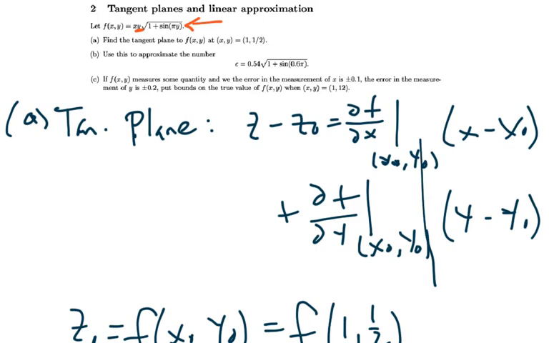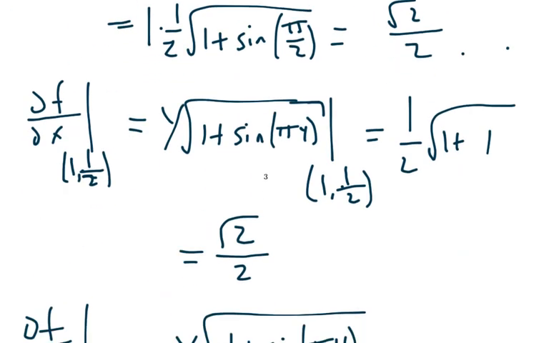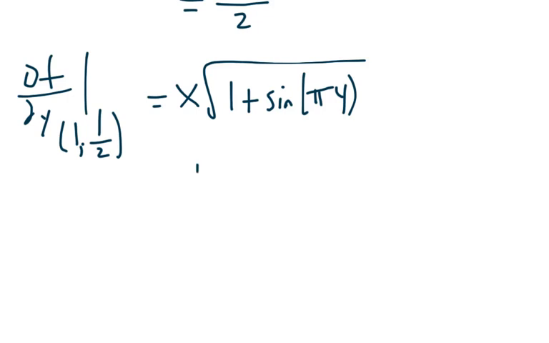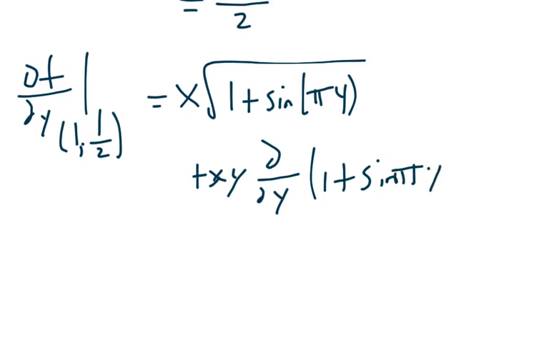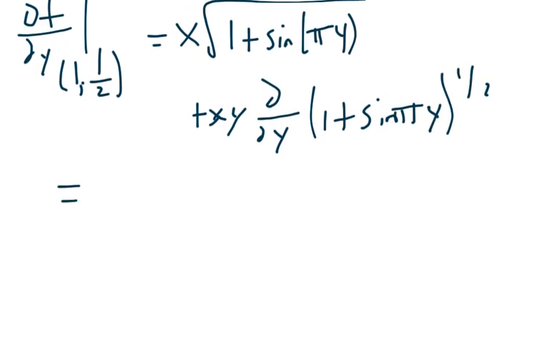So next we're also going to have this other term. So we have also plus x y d by dy of 1 plus sine pi y to the 1/2. Oh, and we're going to evaluate all of this at 1 and 1/2 when we're done.